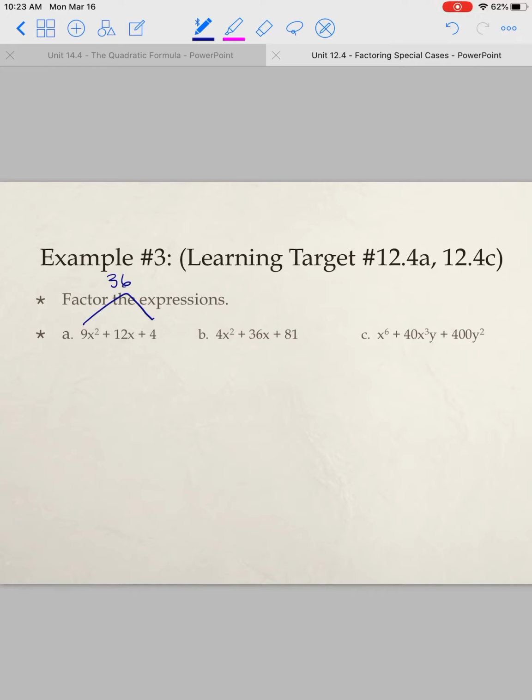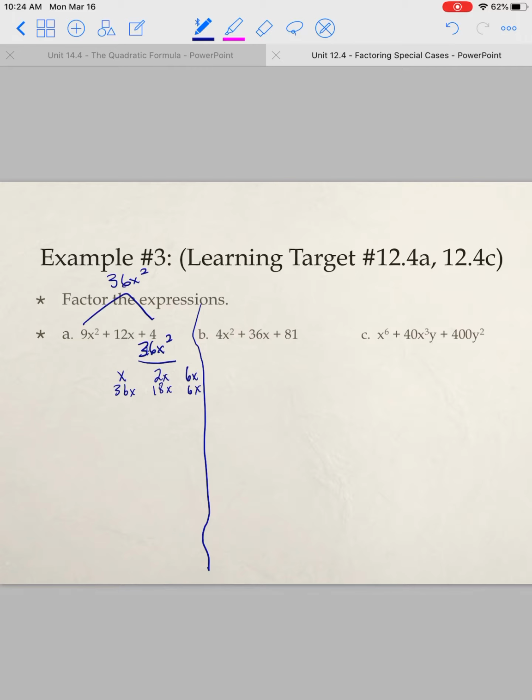It's actually 36x squared. So the factors of 36x squared are going to be x and 36x, 2x and 18x, so on and so forth, 6x and 6x. I know it's 3 and 12 in there as well, but I don't really have the room.